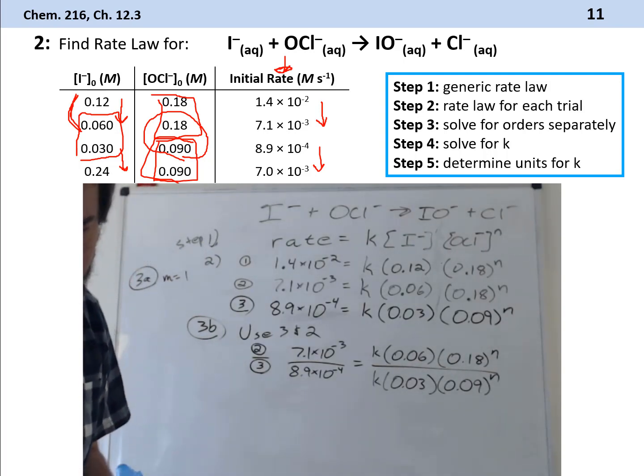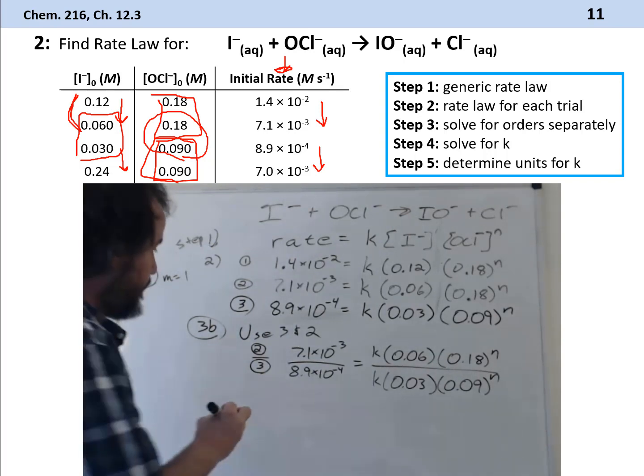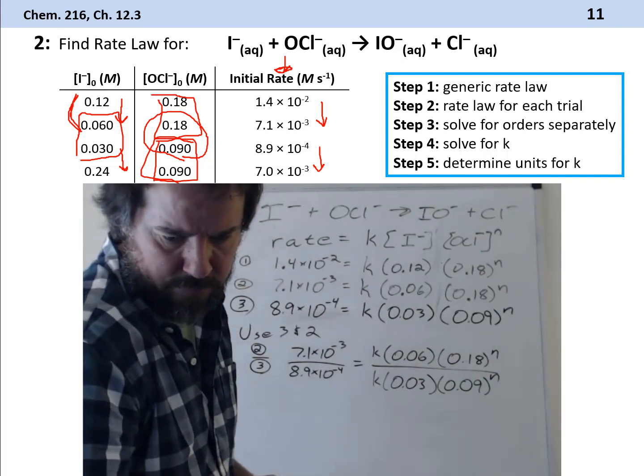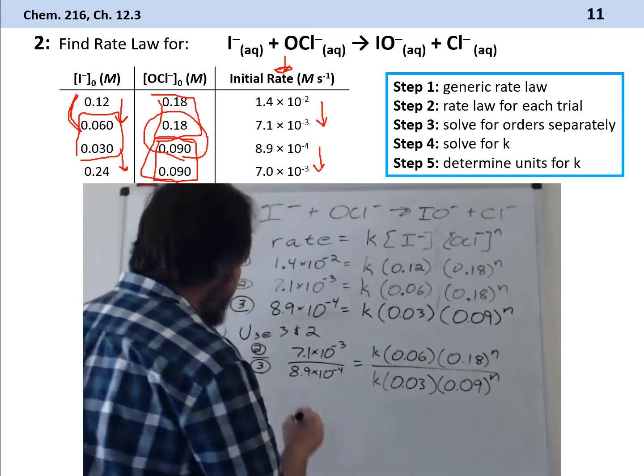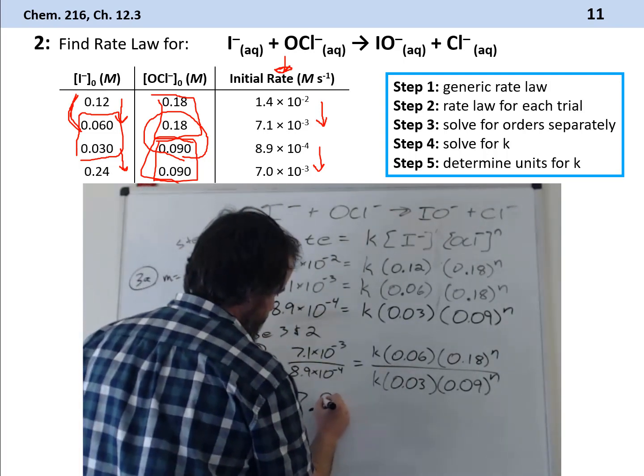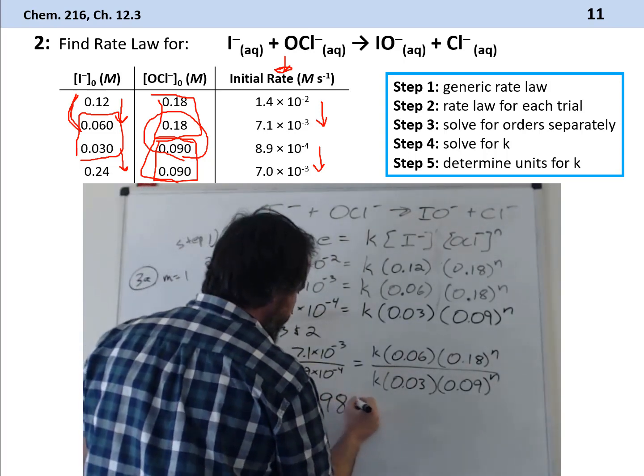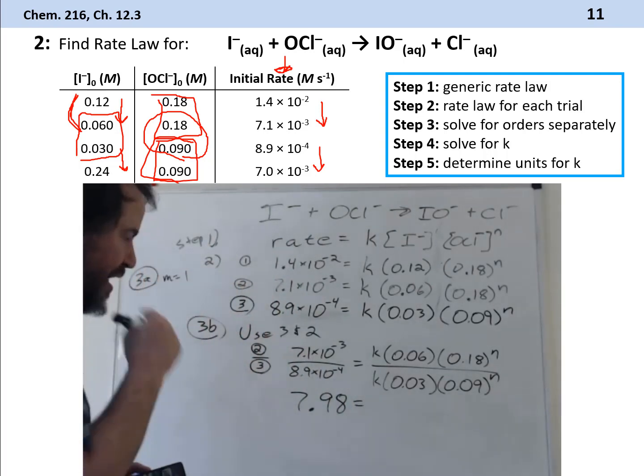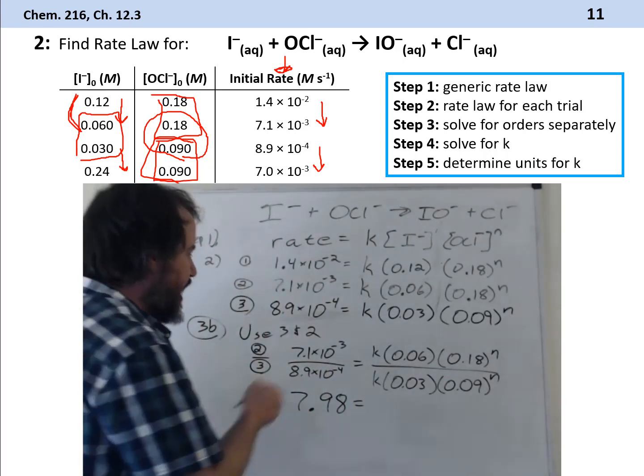It's going to get me 7.97, or 7.98, sorry.